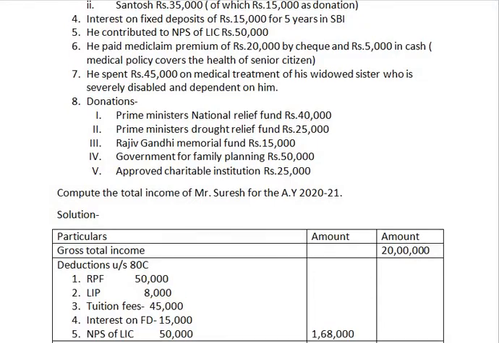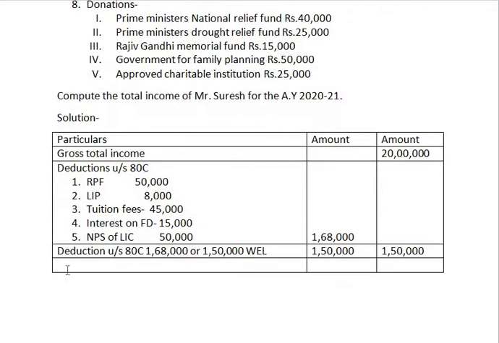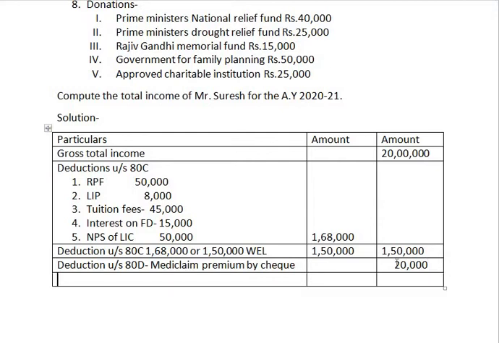This comes as deduction under section 80D, that is Mediclaim premium by check. Amount is rupees 20,000.